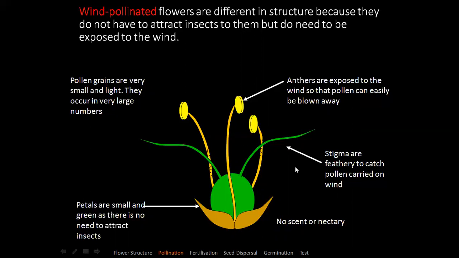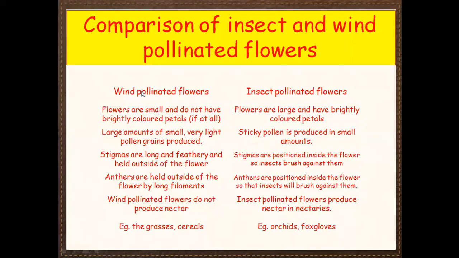Because of that, a large number of pollen grains are produced. Is it clear? Okay. Now this is a comparison of insect and wind pollinated flowers. You can study it, please. As I discussed already, all these points, please.